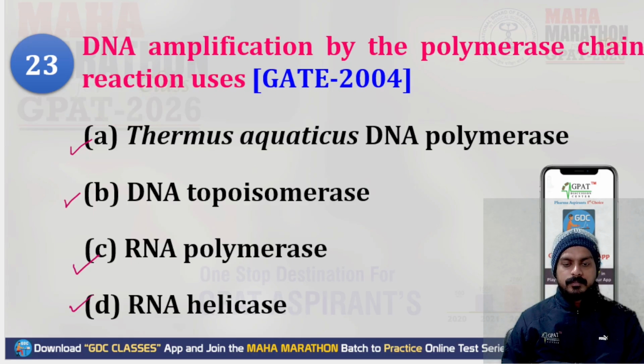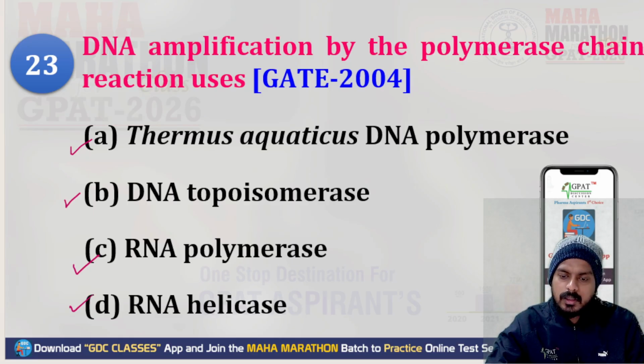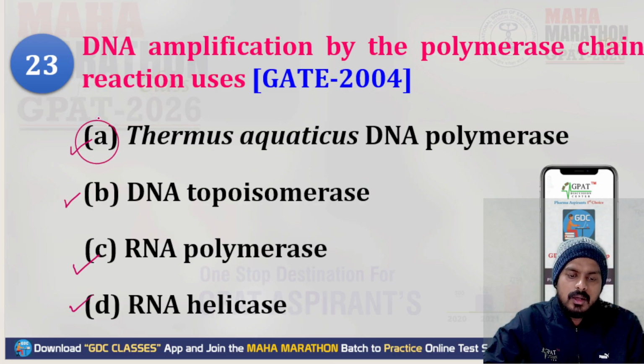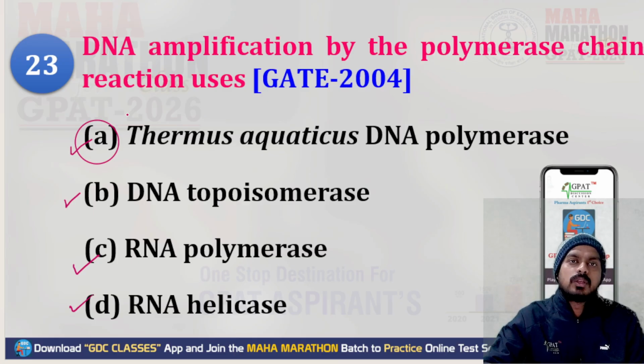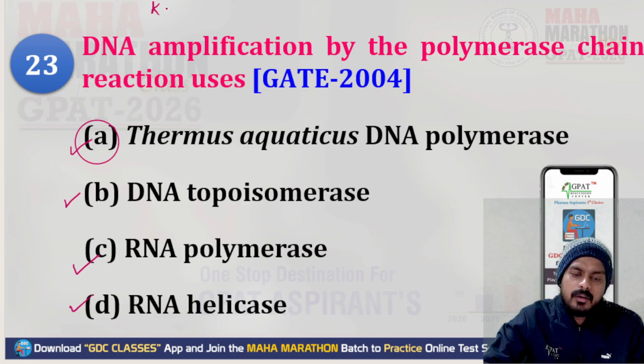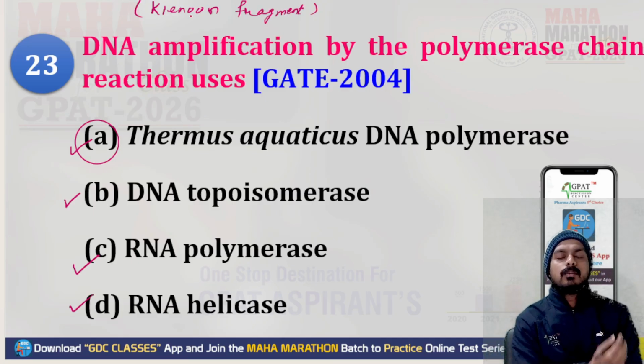I told you the traditional fragment used for PCR is called the Klenow fragment. The major problem associated with this traditional polymerase enzyme is that it is not temperature stable. They are not thermostable.